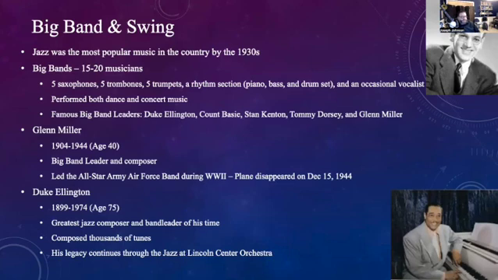His legacy continues even through places like the Jazz at Lincoln Center Orchestra. Their group formed in his name. They have an Ellington competition every single year where hundreds, probably thousands of high school jazz bands record his music and send it in for a chance to go to New York to the Lincoln Center.